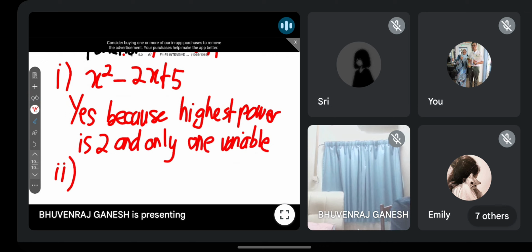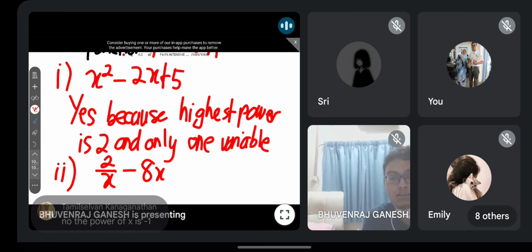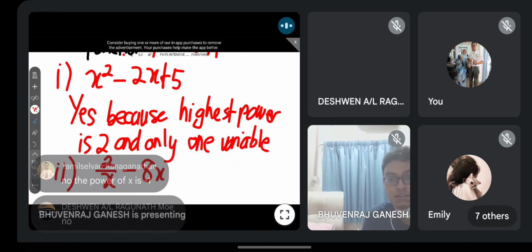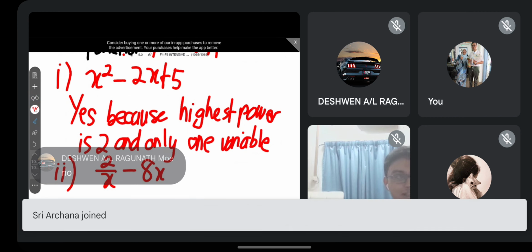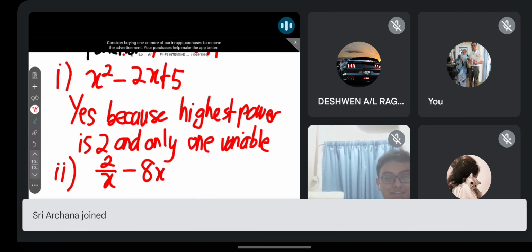Okay, so now let's say I have an equation like this. Let me think. Okay, how about this, guys? Is this a quadratic equation or not? Adakah ini persamaan kuadratik? Careful. Are you sure no, guys?